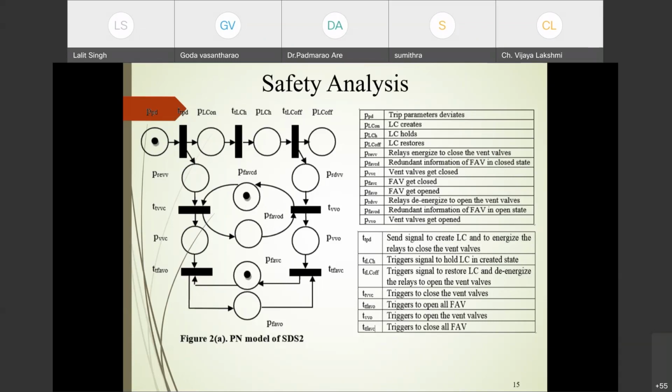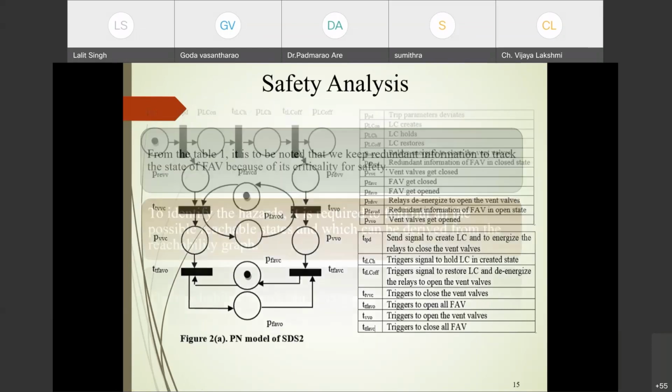We have to have a redundant sensor and compare both the values, and then we can come to a conclusion, and accordingly the action needs to be taken. So at the starting point, I have put the token to show that the fast acting valve is in closed state in the main sensor information as well as the redundant sensor information. So this is the entire model.